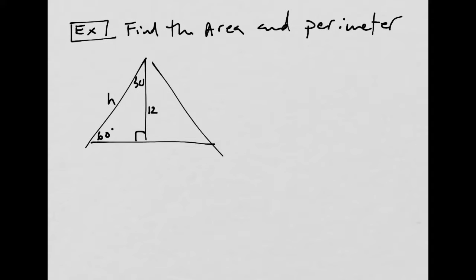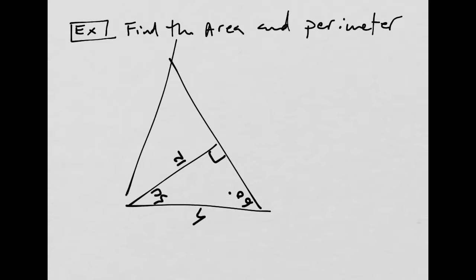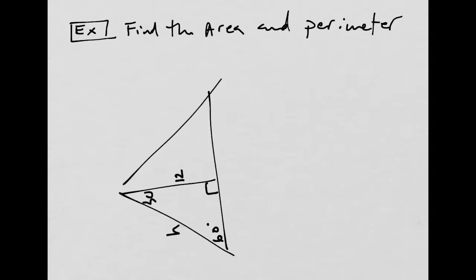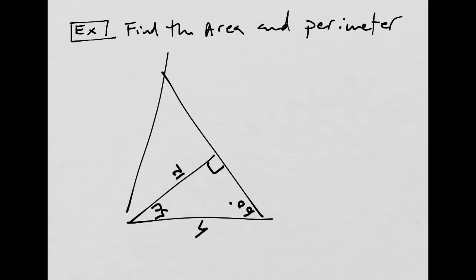So to get the area, I need 1/2 times the base. The base of this triangle, I'm going to consider this part. I could rotate it and then that's the base, but then I don't know the height, which would be the perpendicular distance from the base to the top vertex.